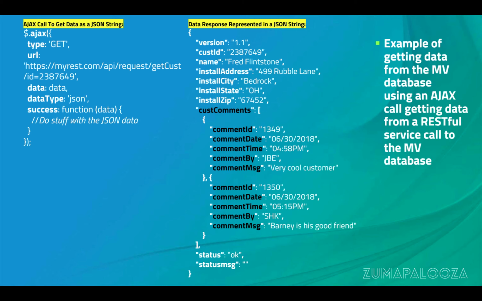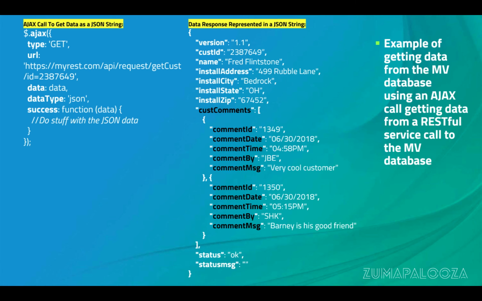Now, the JSON file in the middle of the screen is a file being returned to the web developer. It will have the information for the customer display on the web page or mobile device. The JSON file is just a text string containing data and what the data is. Also notice the cust comments in the middle of the string.